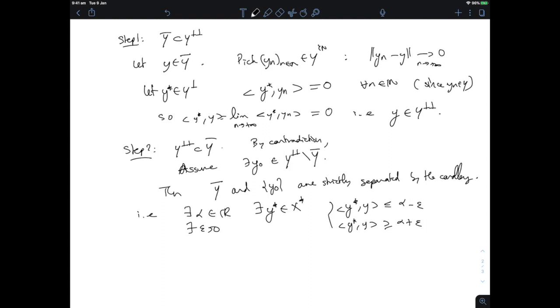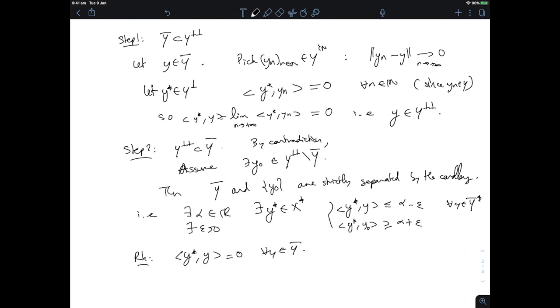Now, I want to remark that this holds for all y in y bar, and for every y in the single point y naught, so that's literally for y naught. Now I want to remark that y star y has to be 0 for all y in y bar.